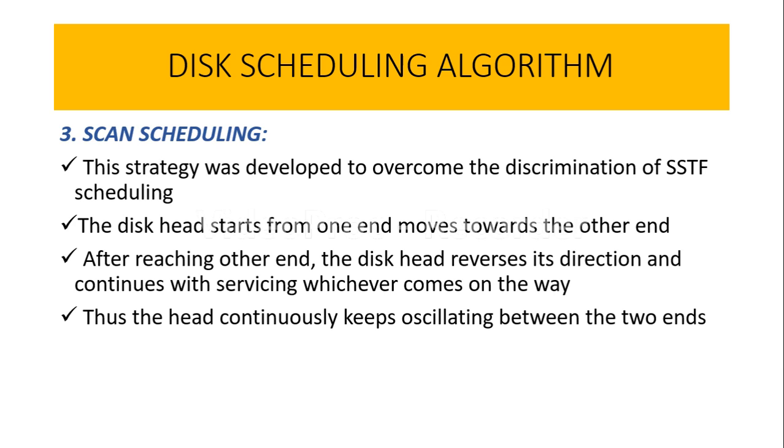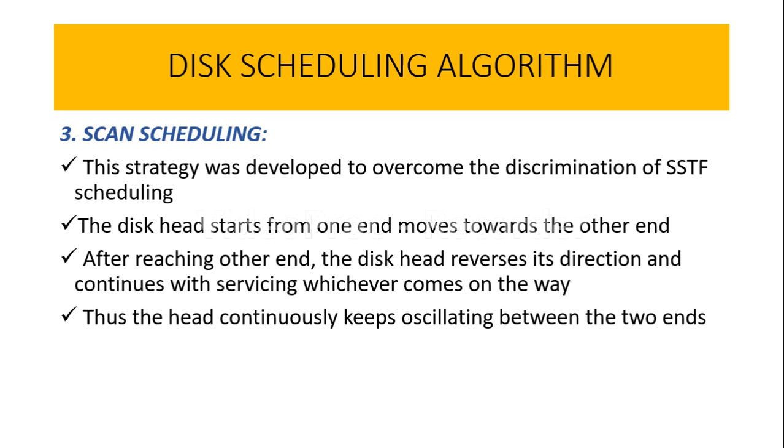The main idea behind the scan scheduling is that the read write disk head will start reading or serving the tracks starting from one end, and it will move towards the other end, and once it reaches the other end, the disk head reverses its direction and continues with its service whichever comes on the way.